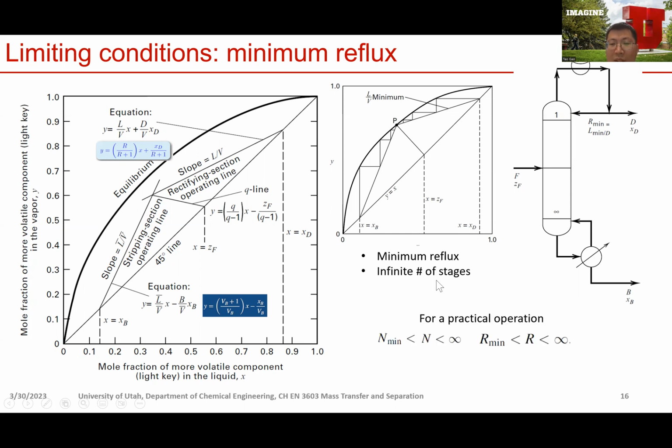So in practice, the reflux ratio is going to be between the minimum reflux ratio and infinite reflux ratio, so that the actual number of stages is going to be larger than the minimum number of stages, but it's going to be a finite number instead of an infinite number.